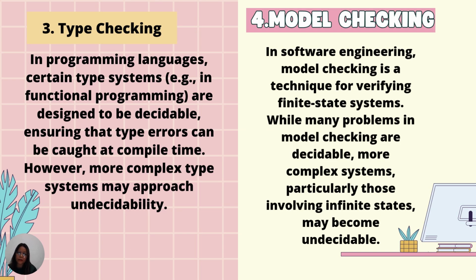Next is type checking. In programming languages, certain type systems are designed to be decidable. Some programming languages have simple, decidable type systems that catch errors before a program runs. When the developer codes the program, it shows the error, so that is decidable.